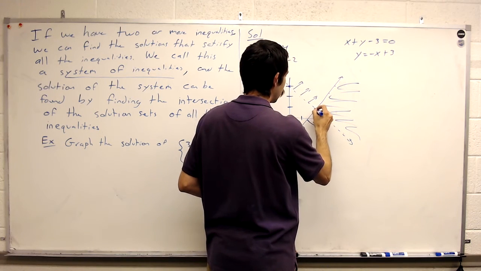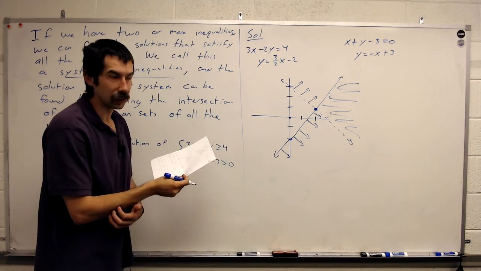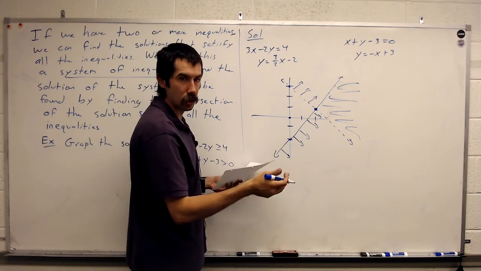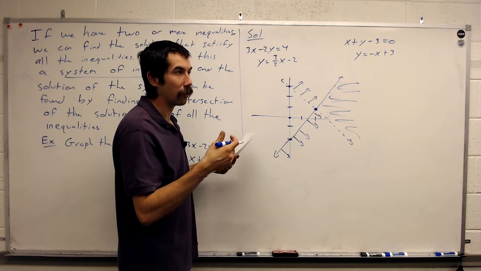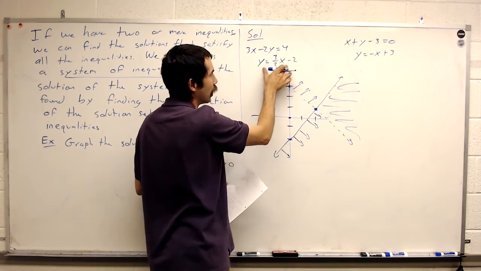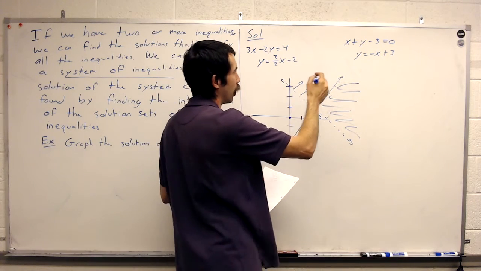The last thing we need to do is figure out where these two lines intersect. Okay, and how do we do that? We solve the system of equations. We have y as a function of x here. We have y here. We could set these equal to each other, and that will give us our x value, and then we'll get the y value.